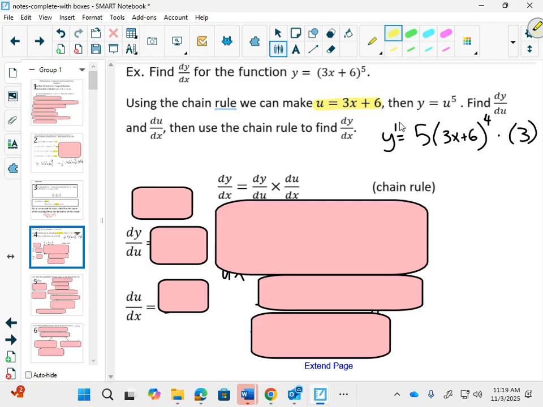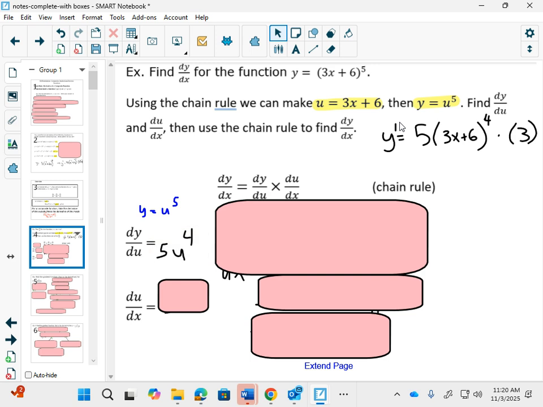Then I could rewrite this equation as y equals u to the 5. If I have y equals u to the 5, then this part of the chain rule, dy/du, is 5u to the 4. That's the derivative of y with respect to u, just a simple power rule.